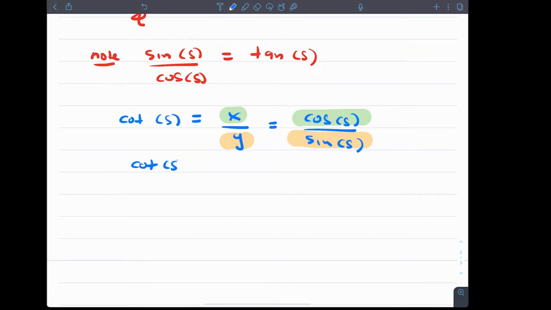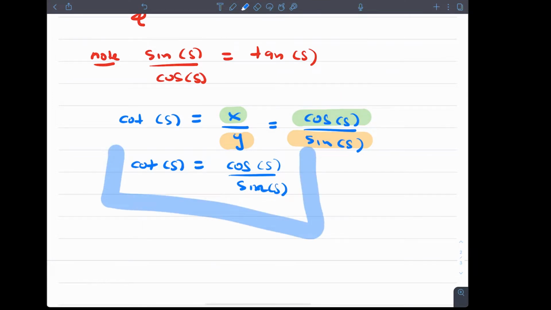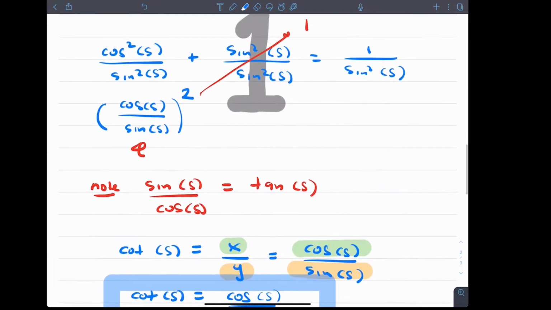That cotangent, ladies and gentlemen, is cosine over what? Over sine. And that's another extremely important identity that we use. We're going to put this in our identity list here. Okay, you guys okay with that? These are the proofs of where they come from. And we're going to use those.